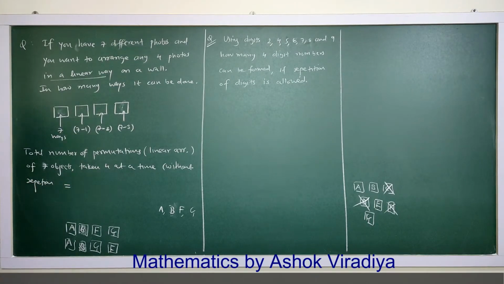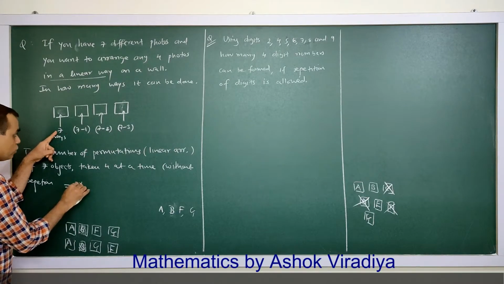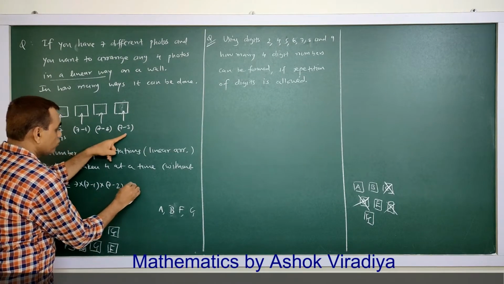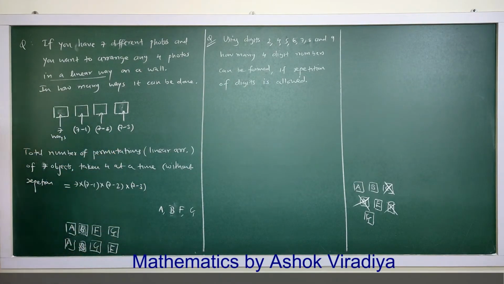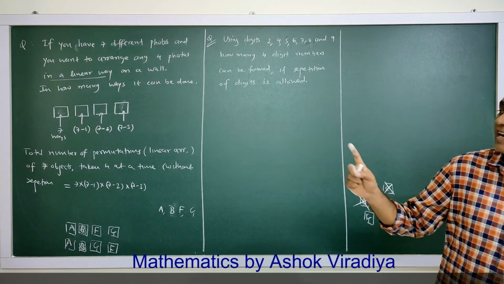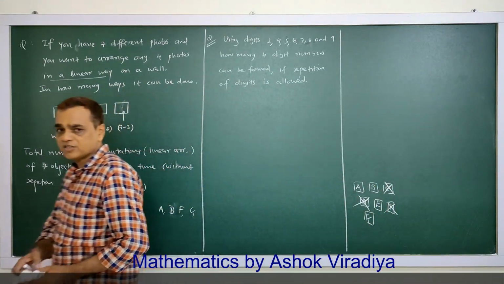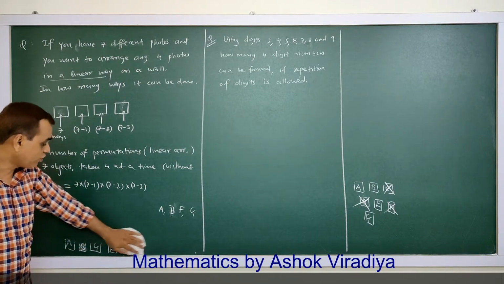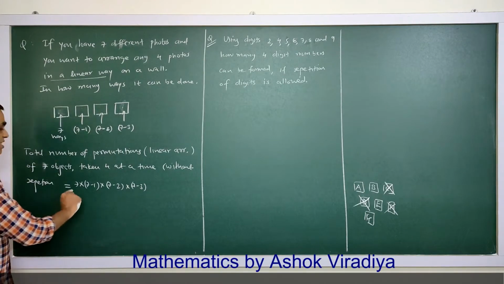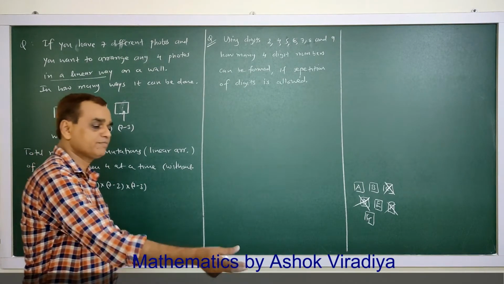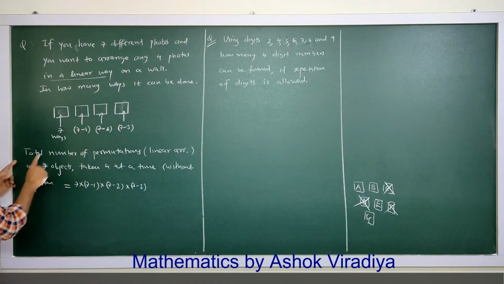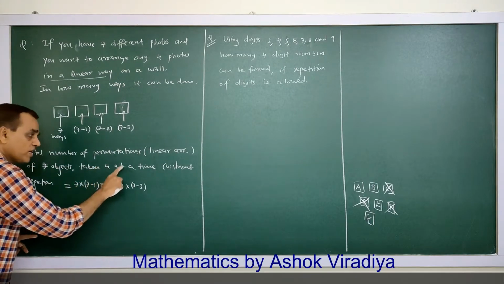Equal to 7 into 7 minus 1 into 7 minus 2 into 7 minus 3. Here I am explaining one formula, so that's why I am writing here in detail. Out of 7 objects, 4 objects are taken. They are arranged in a linear way. So this is the total number of linear arrangements, the total number of permutations of 7 objects taken 4 at a time.